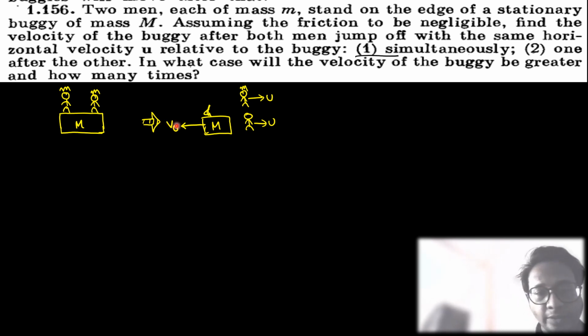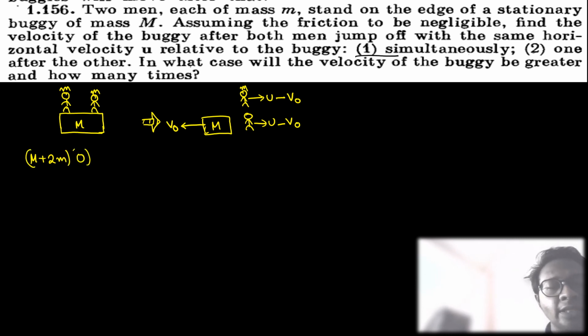This v naught is seen by someone on the ground. So how do I convert u to the ground frame? We just add the velocities of the frames. Someone on the ground will see each person moving with u minus v naught.